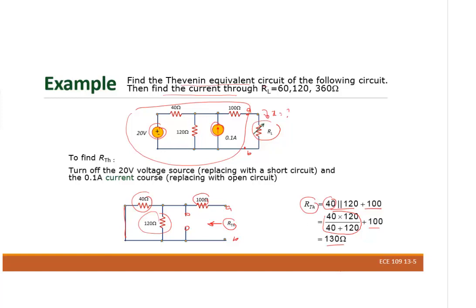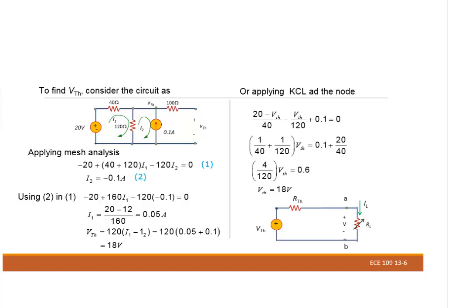Let's look at VTH. Again, we're gonna take the load out, look from here, and find the voltage. Let me show you that circuit in the next slide. The circuit has the voltage source and current source, whatever you have, independent or dependent.